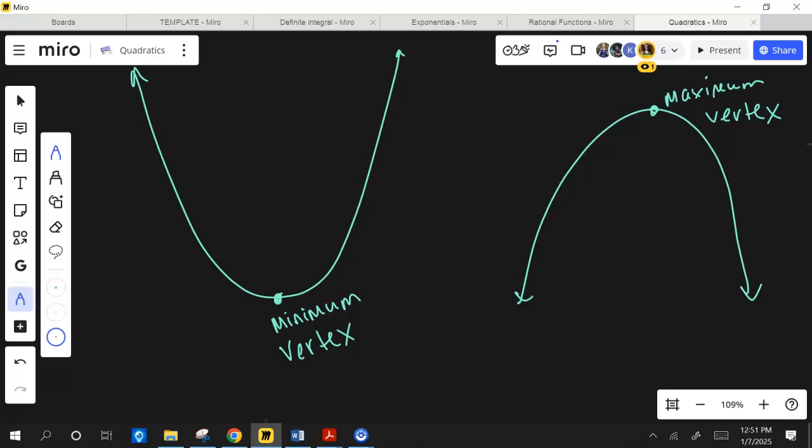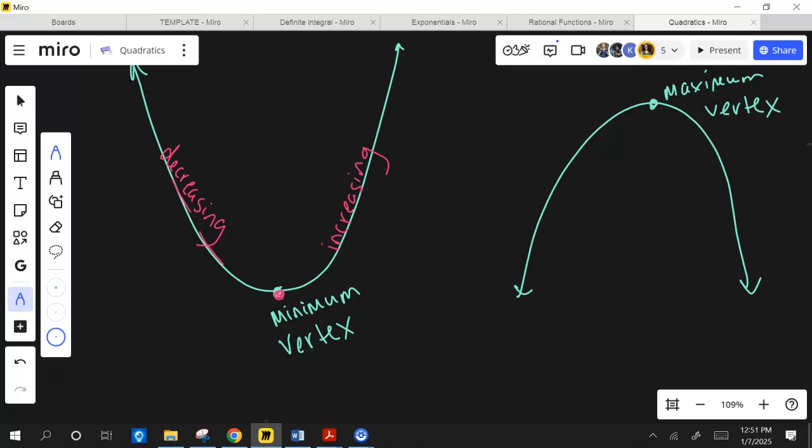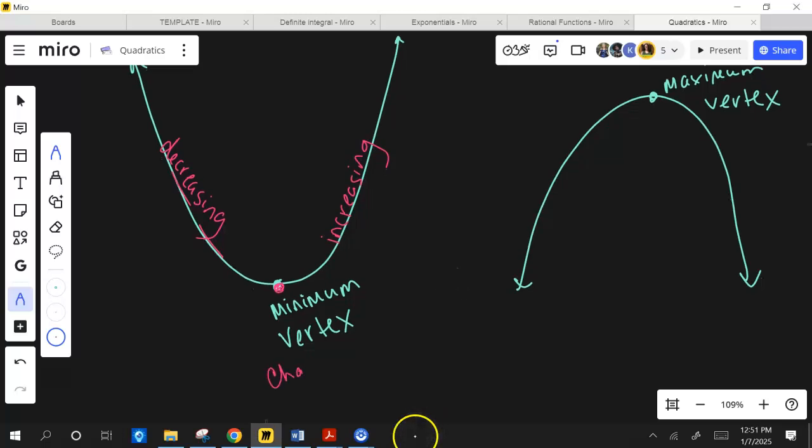We read a graph the same way we read a book, which is left to right. So as I move left to right, I'm going down. Do you agree? So I say that I'm decreasing. This is the point when I stop decreasing, and what happens? I start increasing. So I change the way I'm moving. For that reason, sometimes this is called a change of direction point.